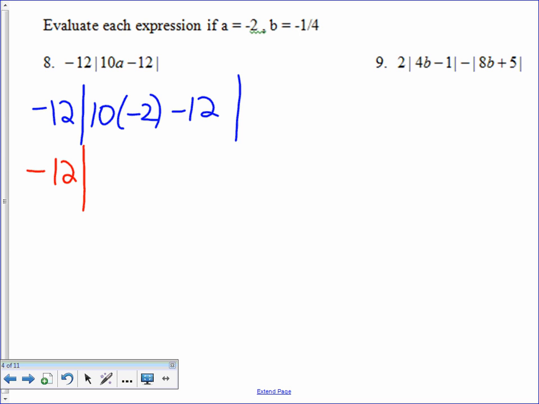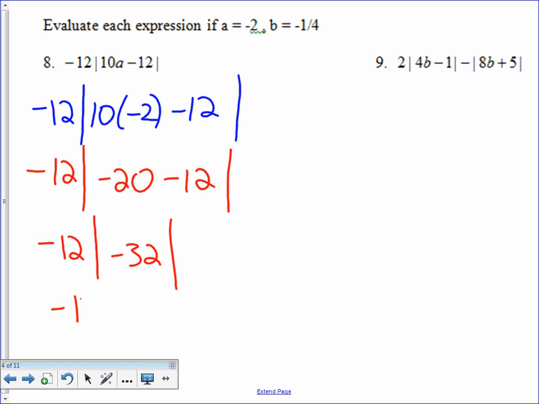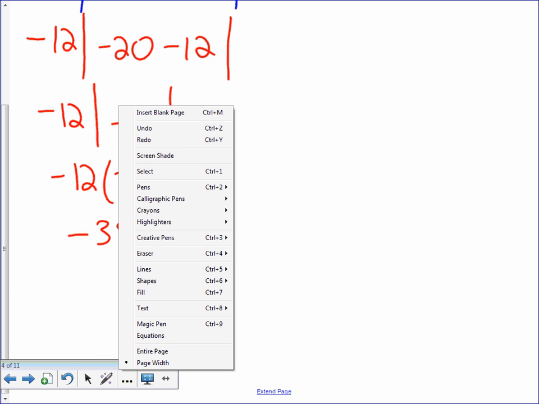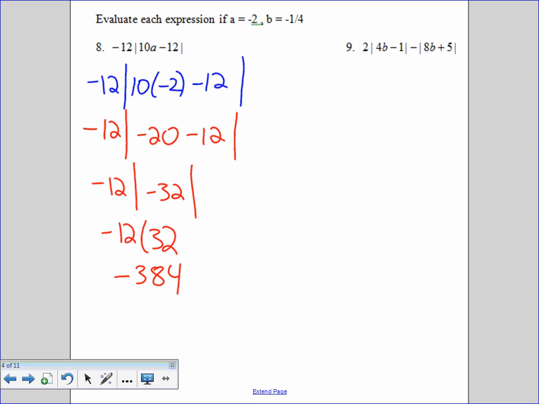So negative 2 times 10 is negative 20 minus 12, which is negative 12 times, and negative 20 minus 12 is negative 32. And the absolute value of negative 32 is 32. And so my final answer is going to be negative 384. So that was number 8.